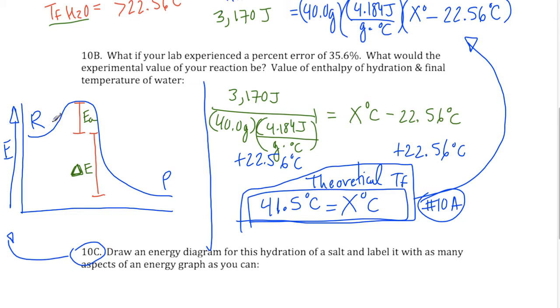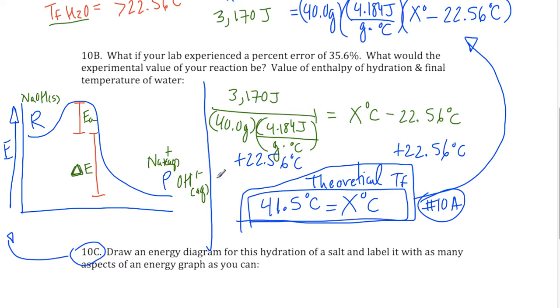So you take products minus reactants, and you get your change in energy. Products minus reactants is going to be a negative number, because reactants have more energy. So sodium hydroxide solid has more energy than sodium 1 plus aqueous ions and hydroxide 1 minus aqueous ions. These have less energy down here.